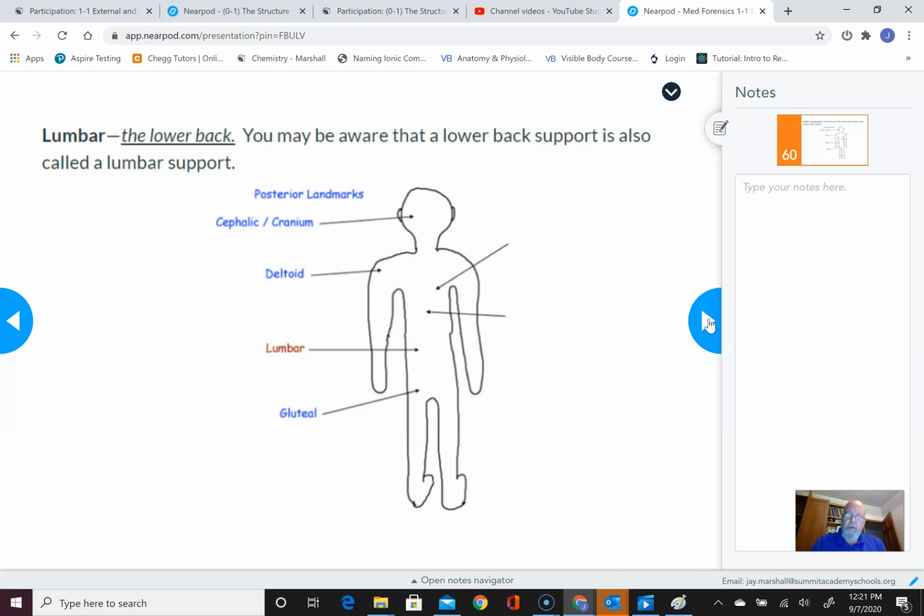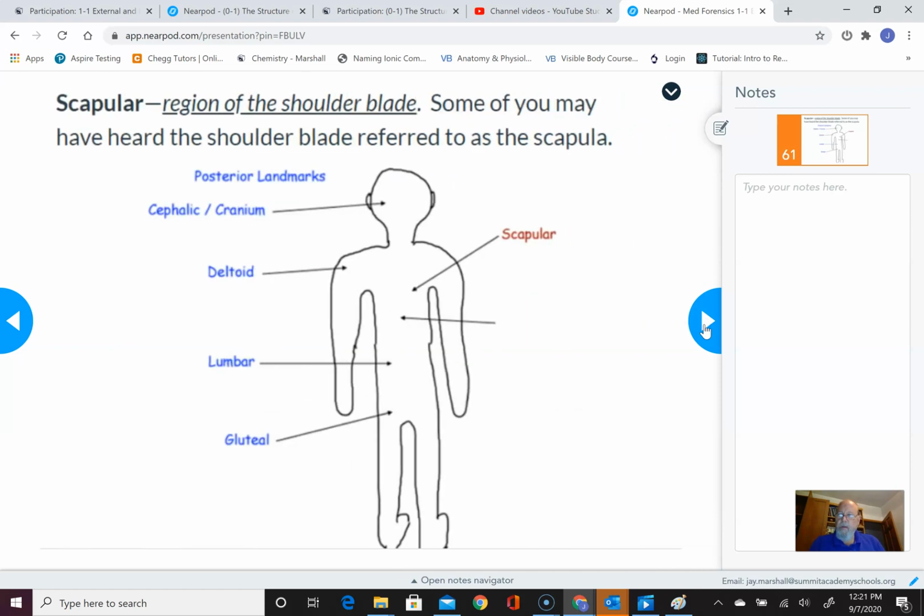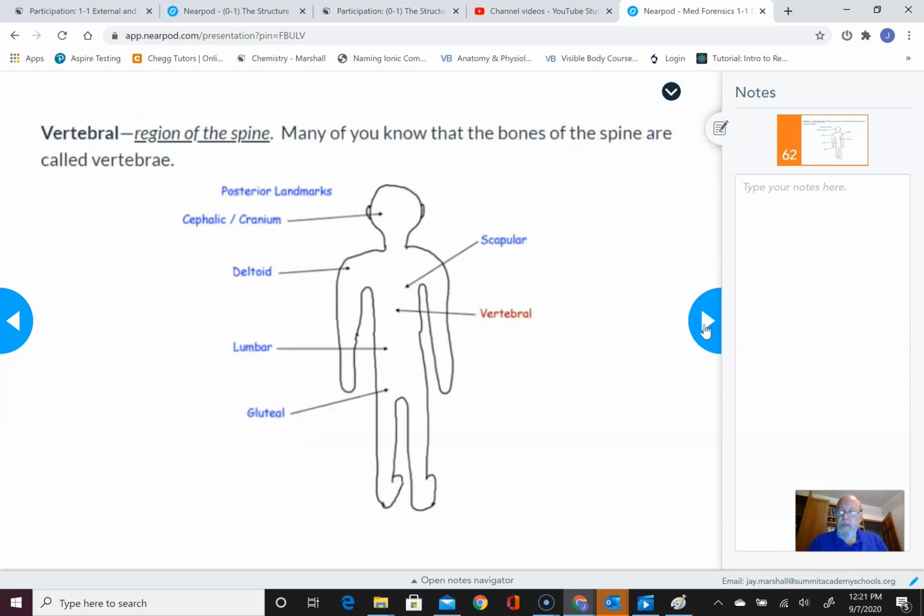Maybe you or your parents use that when you sit in a chair or drive. The region of your shoulder blade is your scapular region, because that bone is called the scapula. And then finally, many of you know that the bones of the spine are called vertebra, so this is going to be the vertebral region of the body.